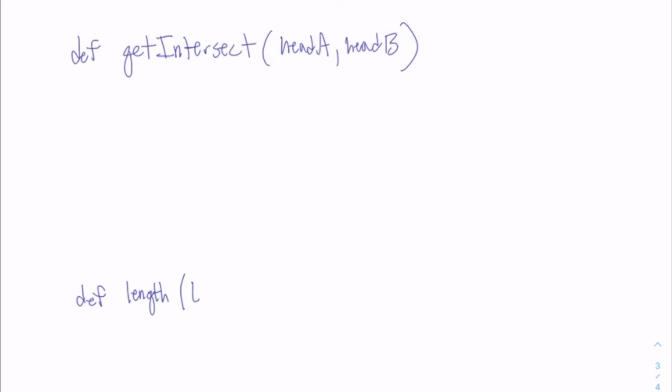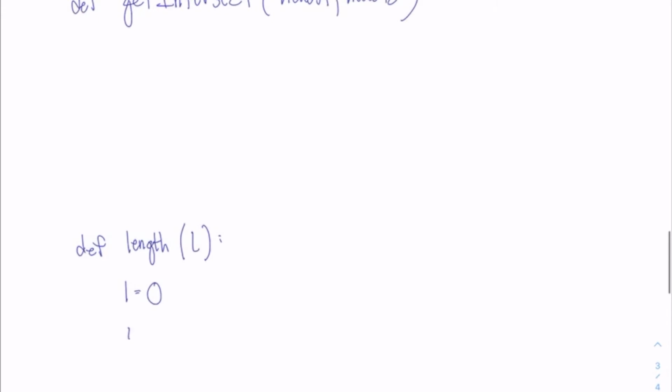and this will have one parameter, which is L, the linked list, and we will initialize a lowercase l, which is 0. While L is true, so while the linked list that we are passing into the length definition is true, increment lowercase l.